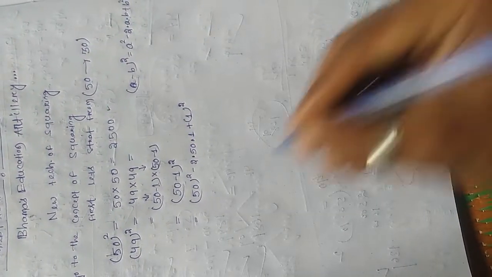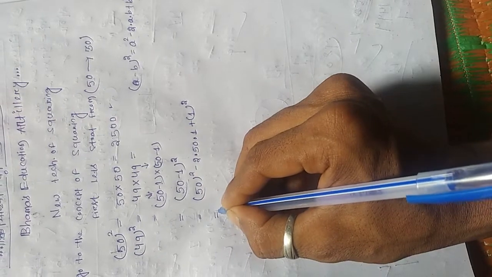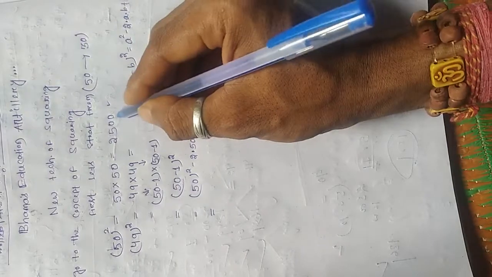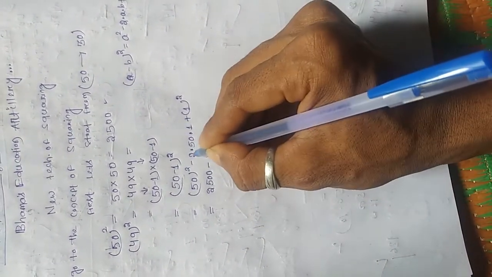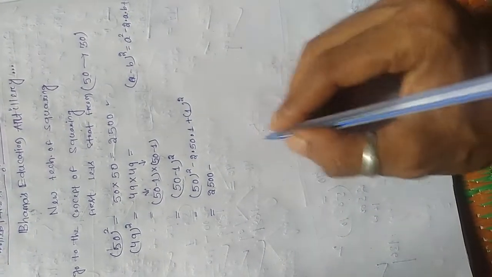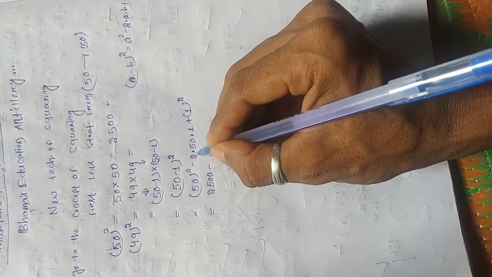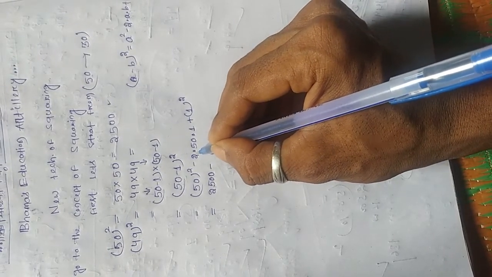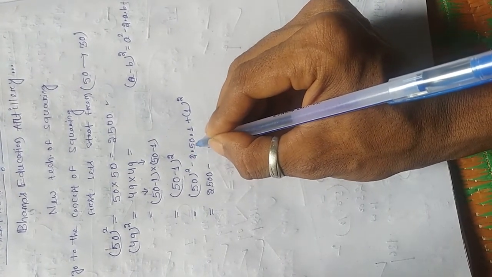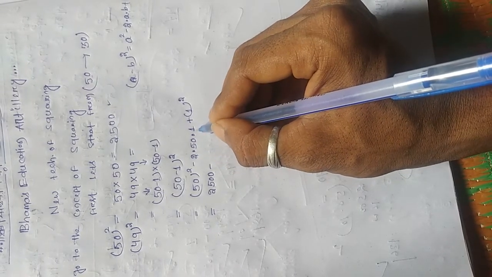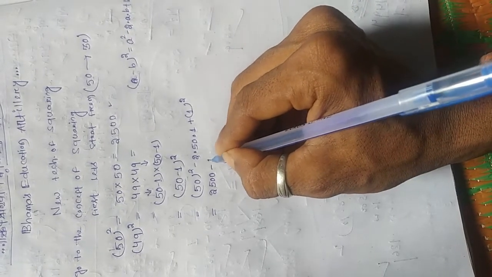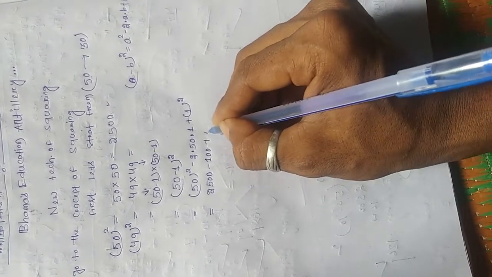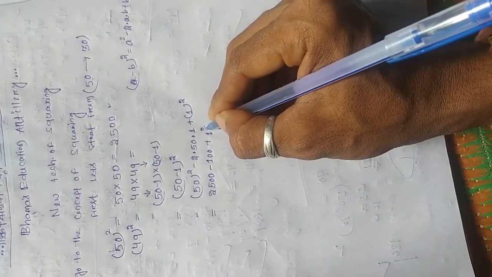Once you are able to learn the logic, then you will do everything very clearly. 50 square, as we know before, is 2500 minus 2 into 50, which is 100. Always this concept will be applied. 2 into 50 is 100, 100 into 1 is 100. That means 2 into 50 into 1 is minus 100, plus 1 square is 1.